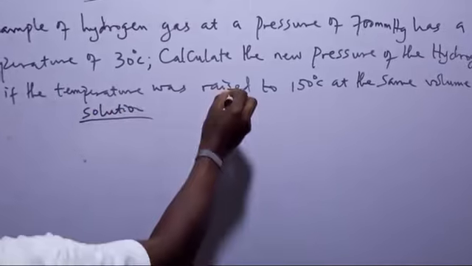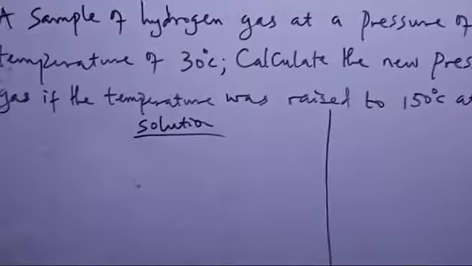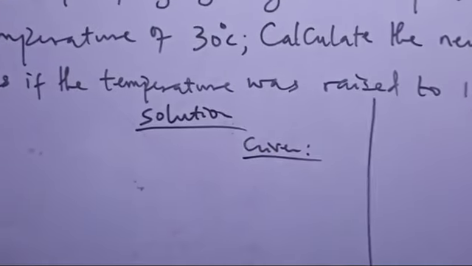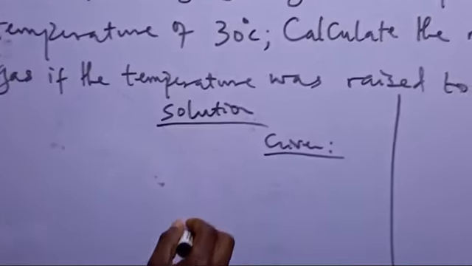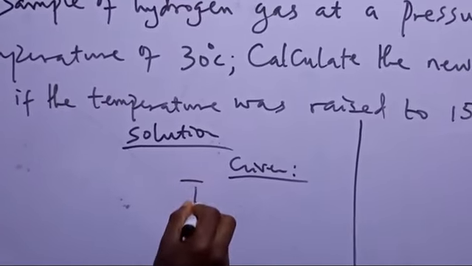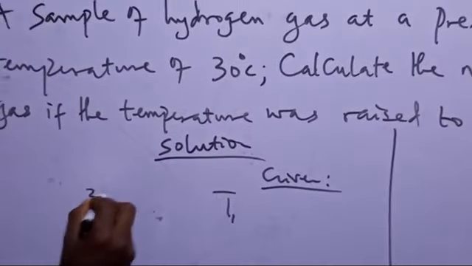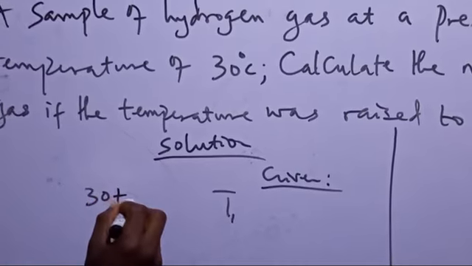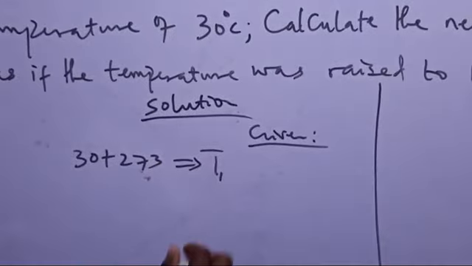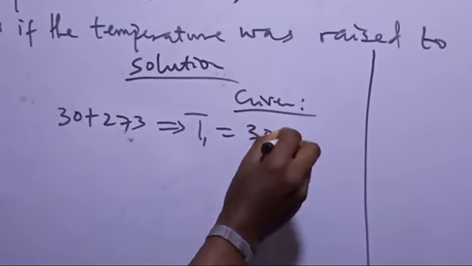The solution. Like we usually do, write out the parameters that are given. Temperature T1 is 30 plus 273, which gives T1 equal to 303 Kelvin.